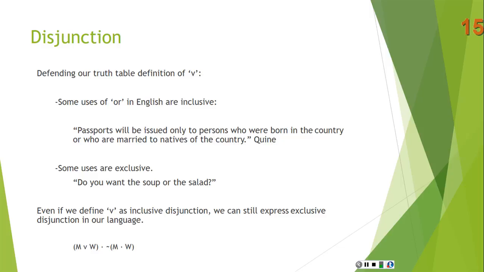It's there below: M or W, and not the case that M and W. That is exclusive disjunction. So we haven't lost anything by defining our or as inclusive, because we can capture both senses, the inclusive and the exclusive, by using propositional logic.